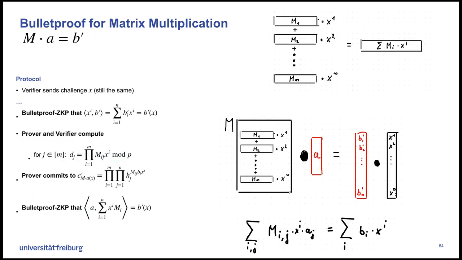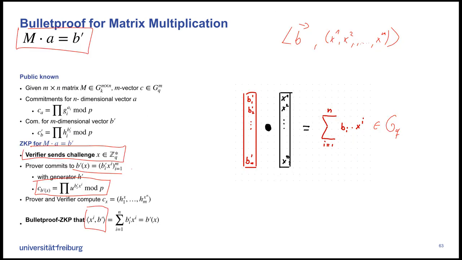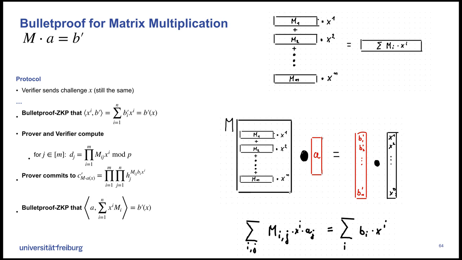Okay, so that's the right side. The left side also needs this, and the left side does the following. We take the rows of the left side of this matrix multiplied by this challenge, which is still the same. And this is something you can do in public because the verifier gives you the x. So you can make a polynomial.